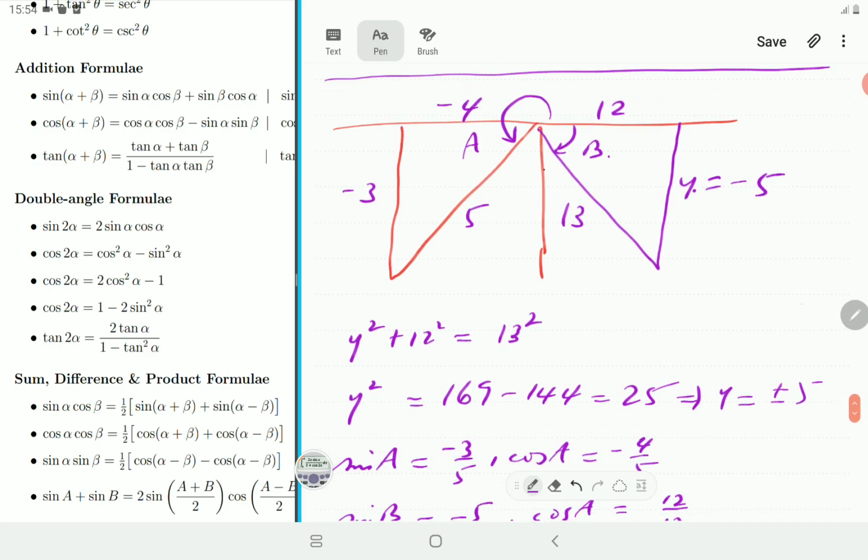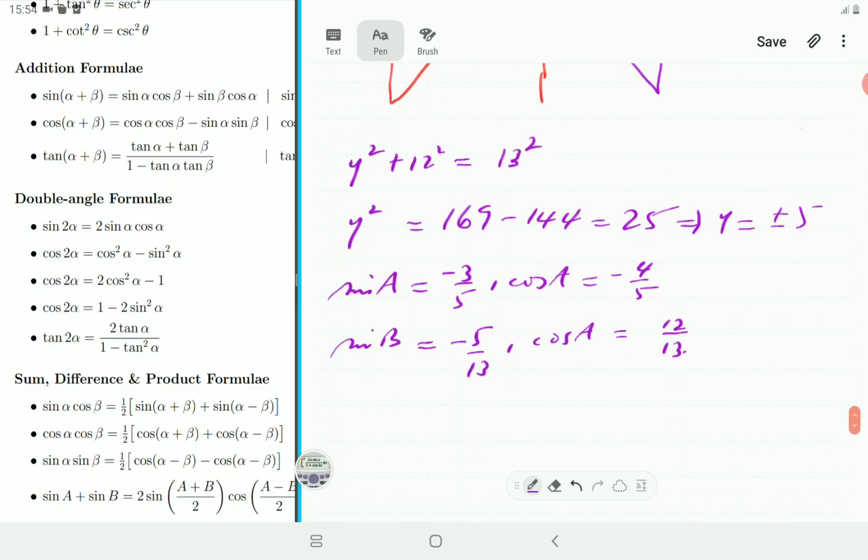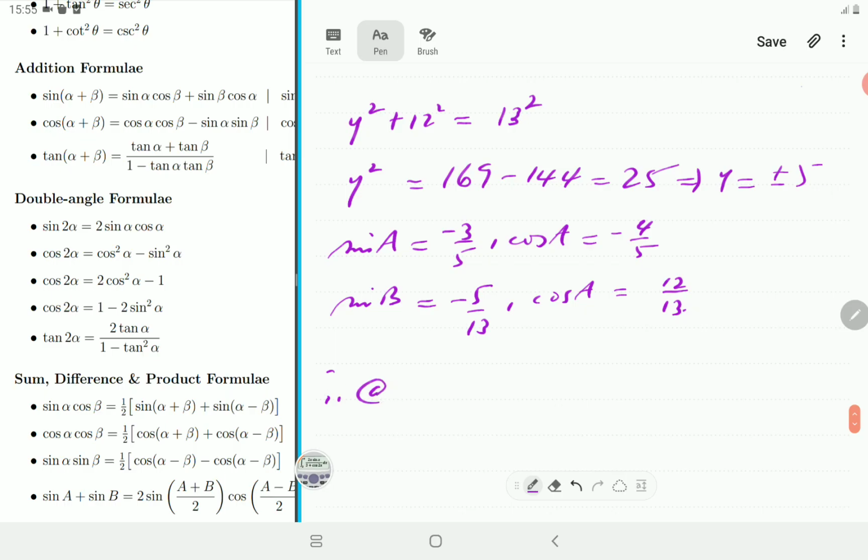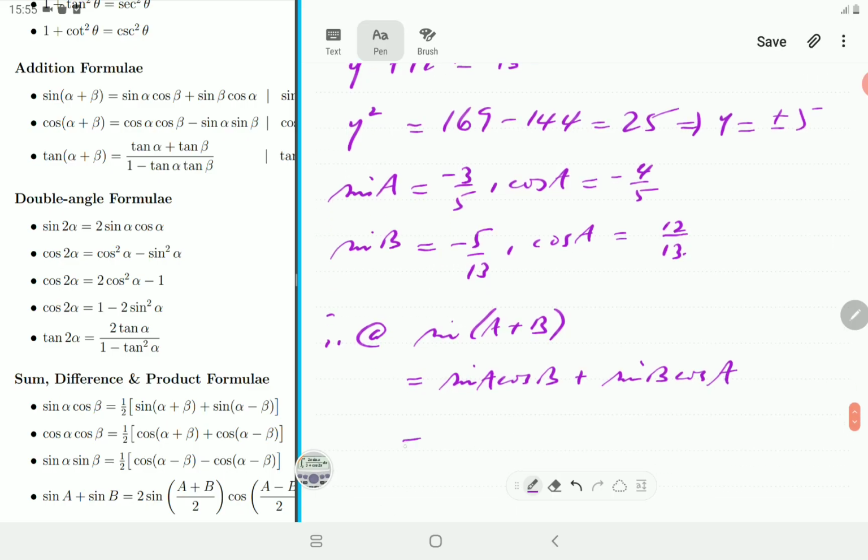So with that, we can now do sine of A plus B. Just using that addition formula there, sine A plus B is going to be sine A cos B plus sine B cosine A. Then sine A is negative 3 over 5.